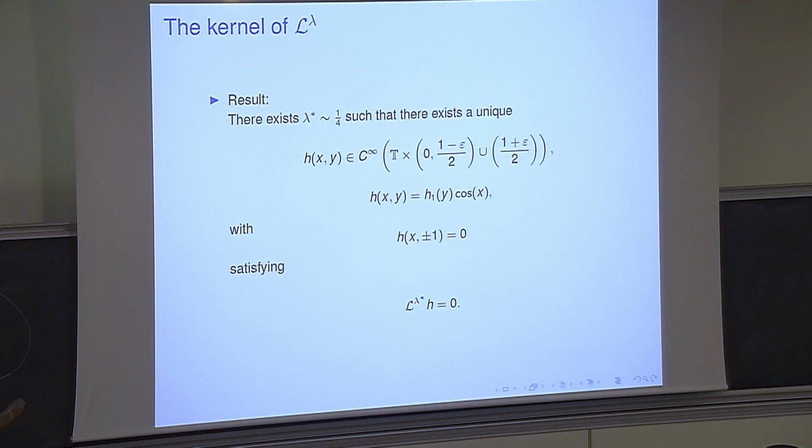Okay. And then what we want to prove in this situation is that there exists a value lambda star, which is around 1/4, such that there exists a unique solution which is C infinity in this domain, which has this form, h1 times the cosine of x, with boundary condition h equal to 0 on the upper and lower boundary, and that is in the kernel of our operator L at the point lambda star.